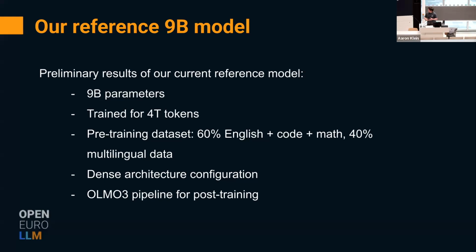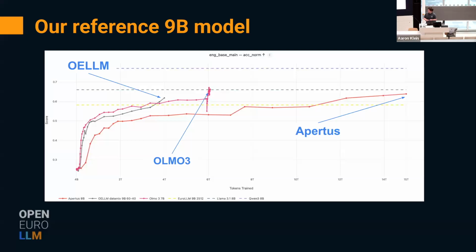For the post-training, we use the OLMo 3 pipeline, which is right now the state of the art for open source models. Here you can see the comparison of our model, this gray line, compared to OLMo 3, which is the state-of-the-art open source model, and Apertus, which is essentially our competitor from Switzerland.